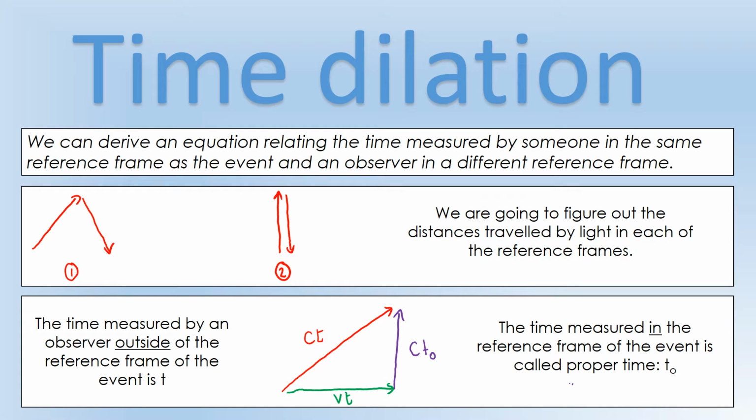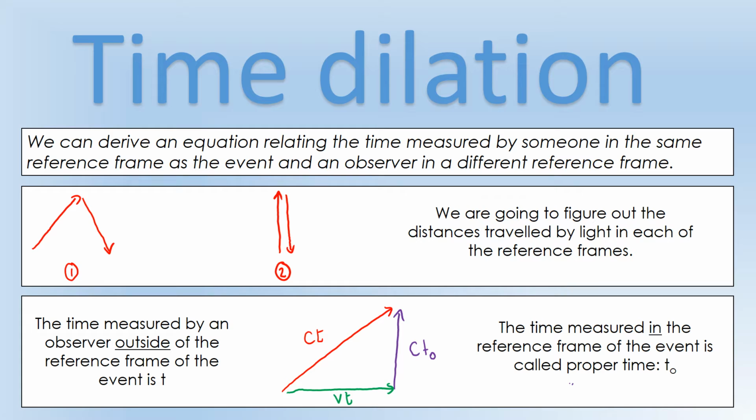That's the time measured by a person inside the reference frame of the event, so the person on the train. The difference between those two is going to be down to the velocity of the train. That's where this green one comes from. This is just the distance traveled by the train in the time t seconds.